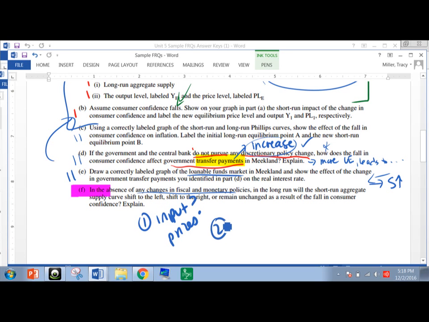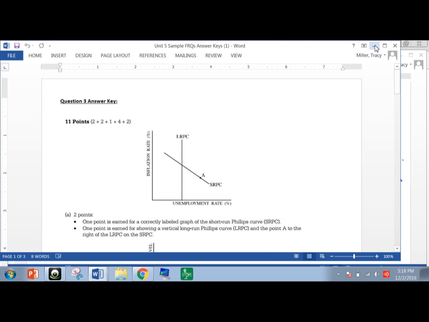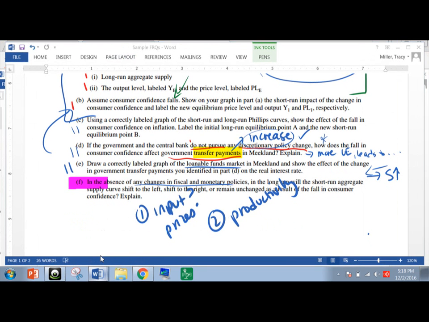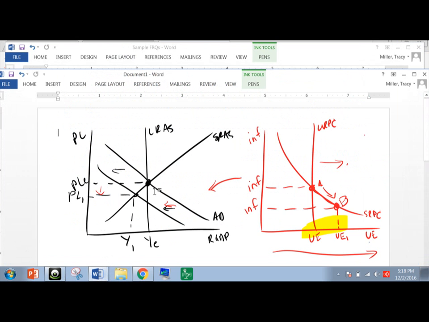And the second one is, what do I know about productivity? So, walk yourself through those questions every single time. Okay? So let's go to this graph. What do we know about input prices? Well, input prices fell.